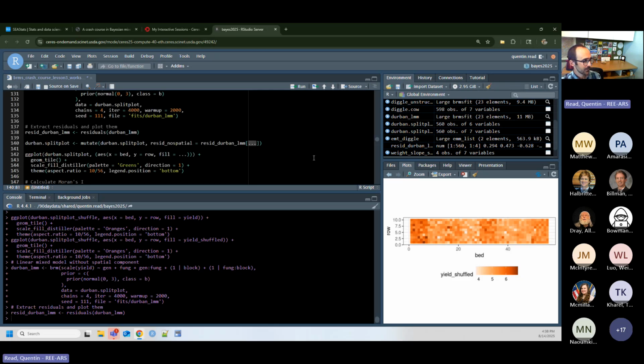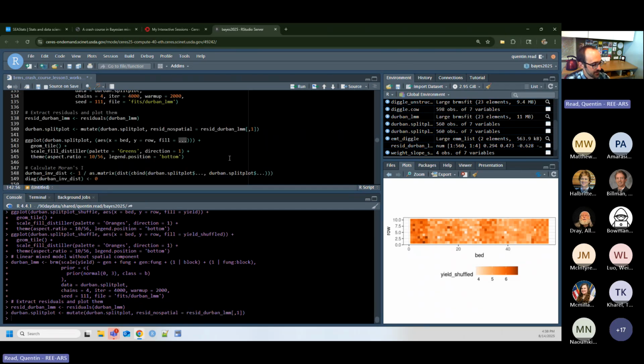This residuals object has multiple columns because it has the point estimate and the credible interval on the residuals. We only want the first column, the point estimate, so we want bracket comma 1. That's going to take the first column of that residuals object. We're just trying to plot this, so we don't need to worry about the variation in the residuals across the different posterior iterations. We just want the one estimate to plot. Control Enter to run that.